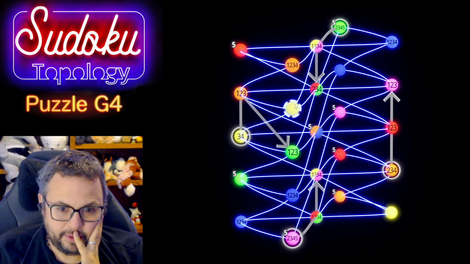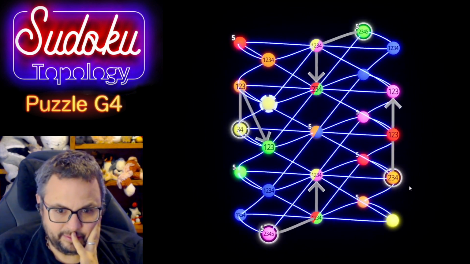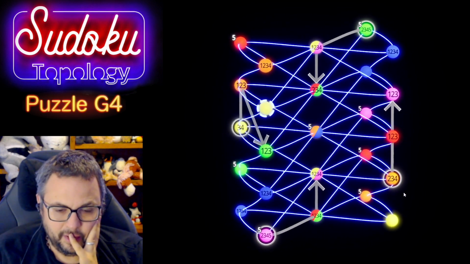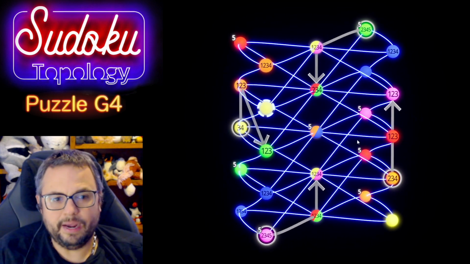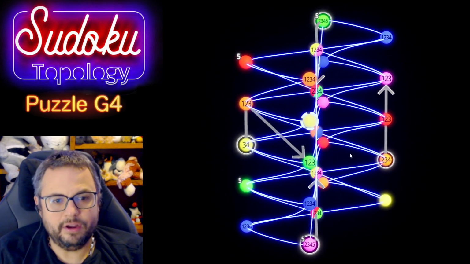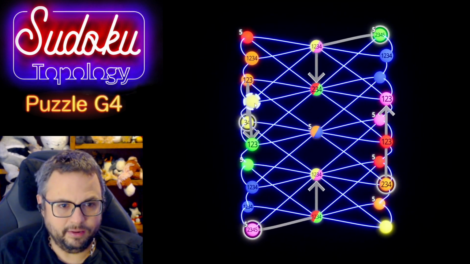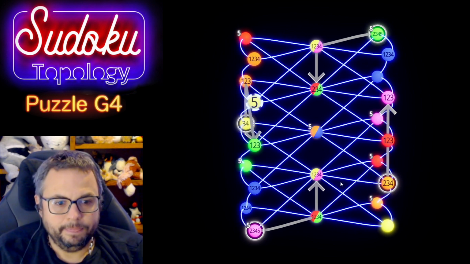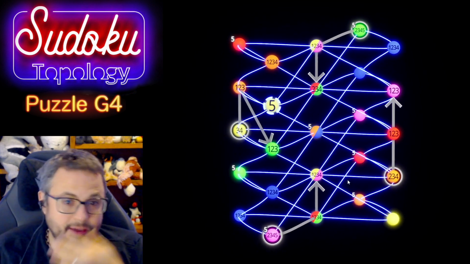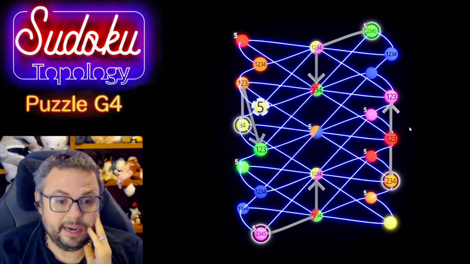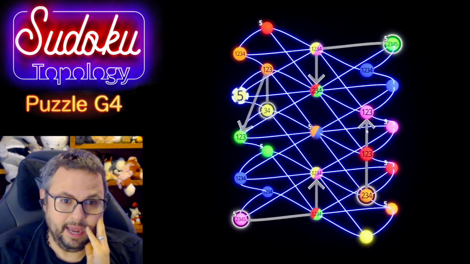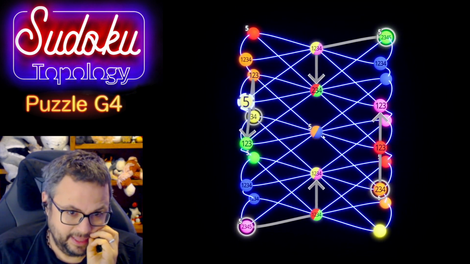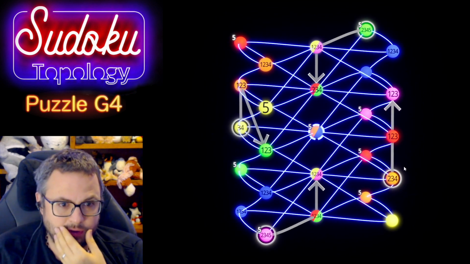Oh, actually, I think we do know where the yellow 5 is now, because I know it doesn't go down there. So I think I actually know that this cell is the yellow 5. And I think if I know that, I think I now know where the blue 5 is. Namely, I think this is the blue 5.